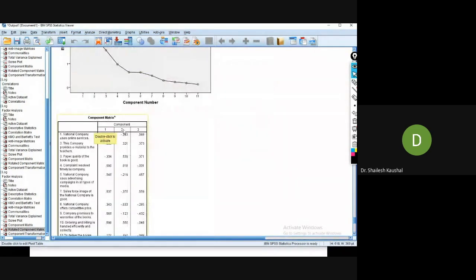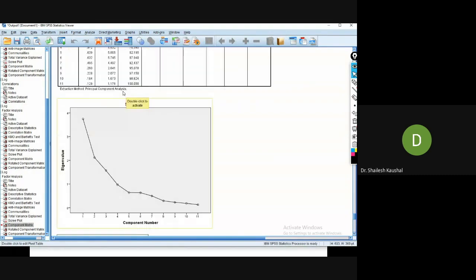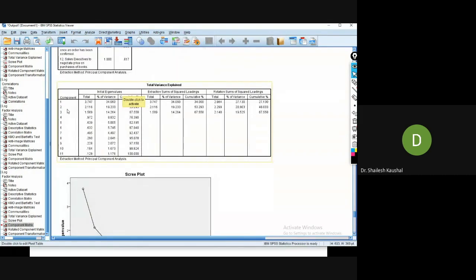Second component means the value of this factor loading square minus 0.383, the second factor loading square 0.321, plus the third factor loading square 0.53. When I add all the squares of the factor loadings, I obtain the eigenvalue 2.116. For component 3, the value is 1.569.